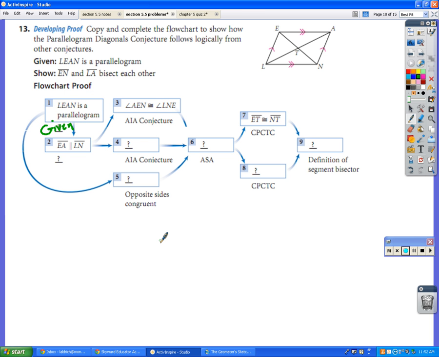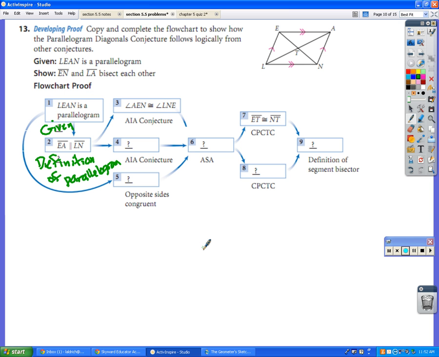All right, then it says EA, this side right here, is parallel to LN. How do we know that? But what is it about a parallelogram that lets us know that? That's the definition of a parallelogram, that the opposite sides are parallel, okay? So this right here is definition of parallelogram.